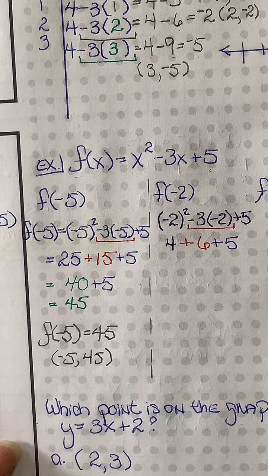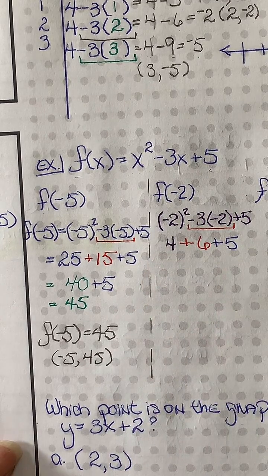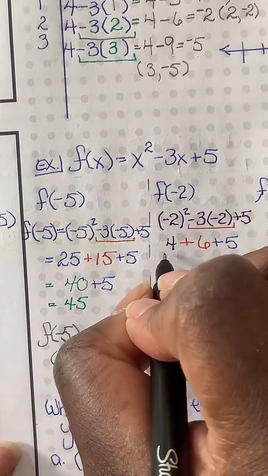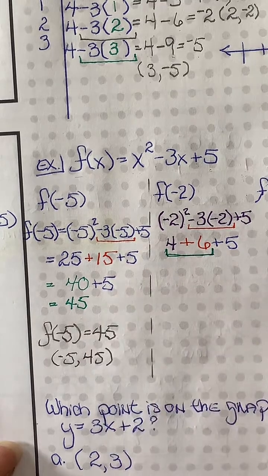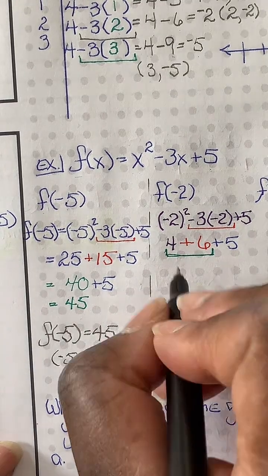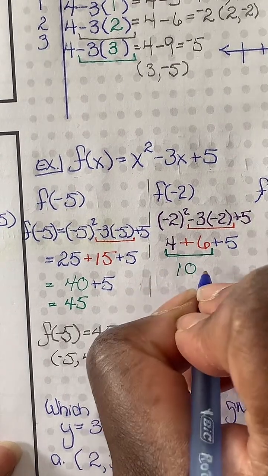So now, from left to right, we need to combine. So 4 plus 6. I was looking at something else. That gives me my 10. Then we bring down the plus 5.